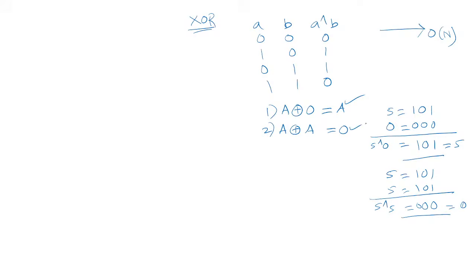You can use this property and perform XOR on all array elements. Your array elements are 5 3 2 3 2. One by one we take an element and XOR it with the others. Initially we take 101, then we take 3 here. The binary representation of 3 is 0 1 1, so 2 plus 1 is 3.